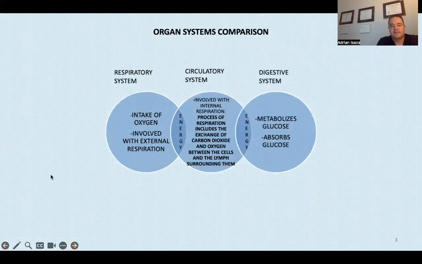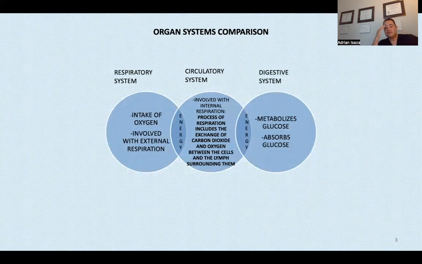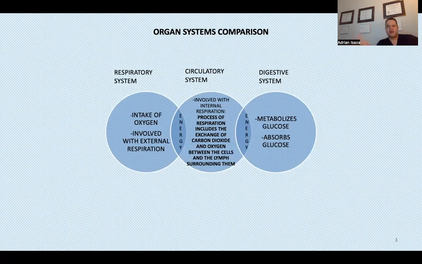Let's move on. Another comparison here. So I briefly said it: the respiratory system has to do with external respiration, taking oxygen in, blowing CO2 out. That's what I meant by external respiration.